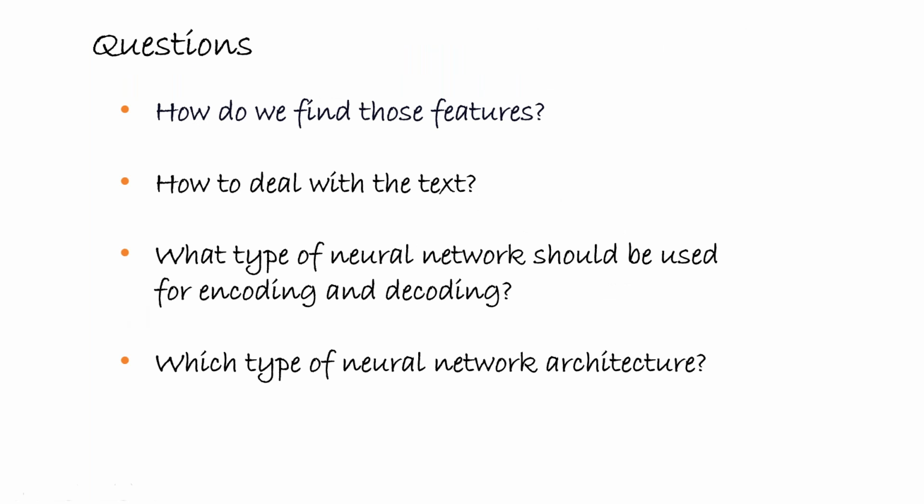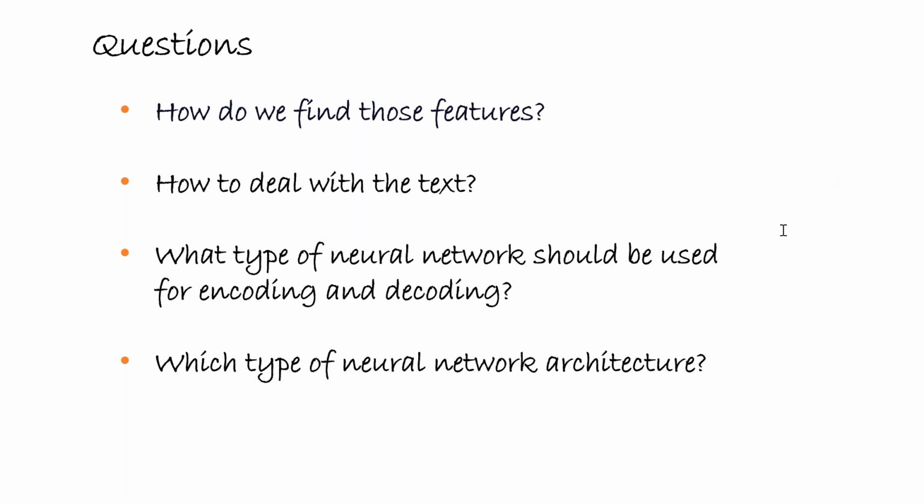So questions, right? How do we find those features, and how do we deal with the text? Another thing is, what type of neural network should be used for encoding and decoding, and which type of neural network architecture? These kinds of questions definitely come to mind when we think about translating a sentence using a neural network, right?